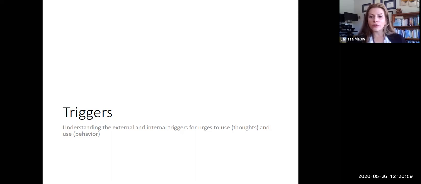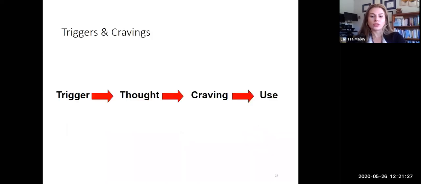One of the very first things that we do with patients, and that's core, is helping them to understand those environmental triggers. Just like the car cutting us off in traffic, patients have hundreds of thousands of things that occur every single day that are linked to their urges and cravings to use. So they need to understand those external and internal triggers to be able to change their thoughts about the triggers and manage their behavior around using.